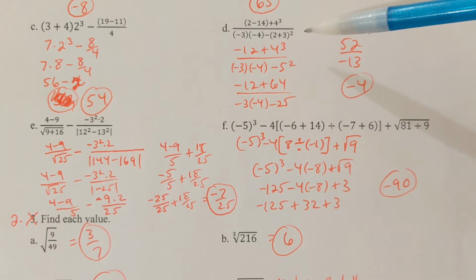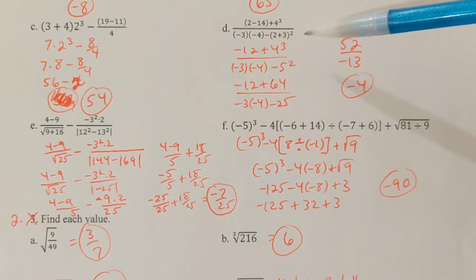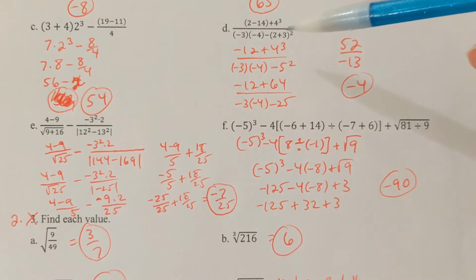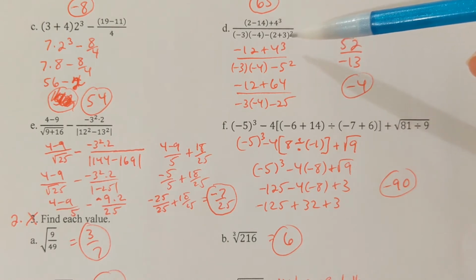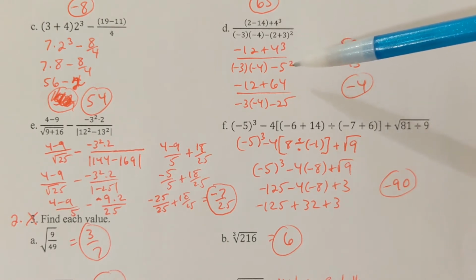The next one, (2 minus 14) plus 4 cubed divided by negative 3 times negative 4 minus (2 plus 3) squared. Okay, so we take care of what's inside the parentheses first. 2 minus 14 is negative 12. 2 plus 3 is 5.